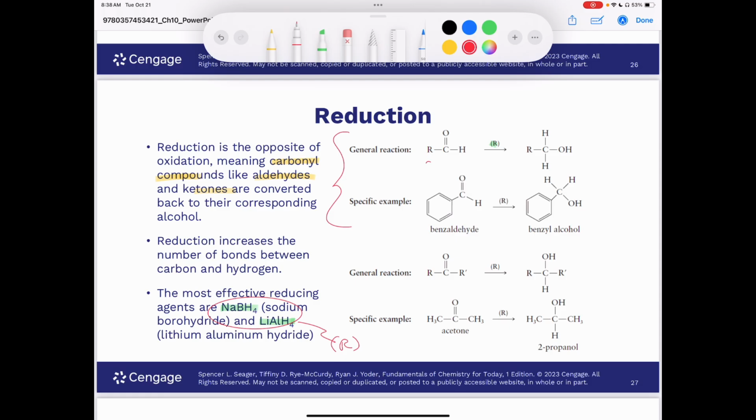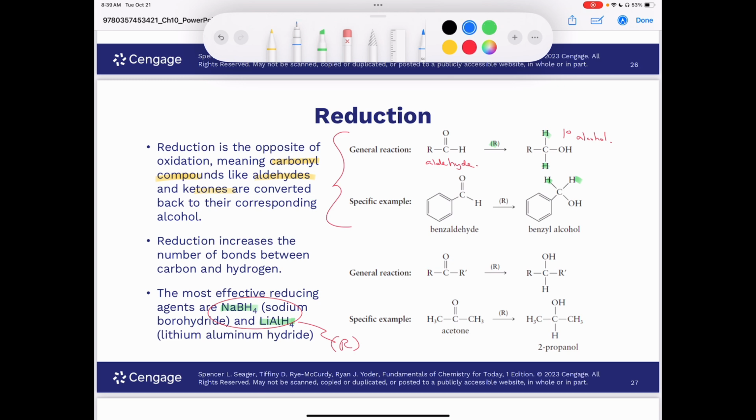And so our aldehyde gets converted into a primary alcohol when it undergoes reduction. You can see here benzaldehyde being reduced to benzyl alcohol, and you notice that we're adding 2 hydrogens along the way.